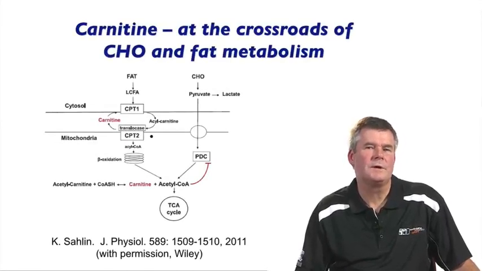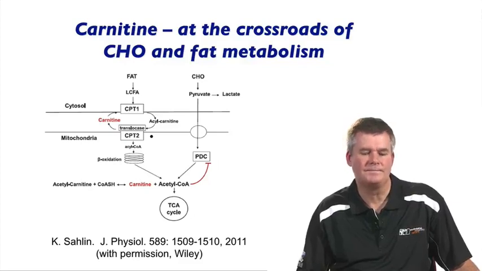I mentioned the compound carnitine, and it has an important role in facilitating the transport of fatty acids into the mitochondria. And it does indeed sit at the crossroads of carbohydrate and fat metabolism. And you can see an interaction between the two here.